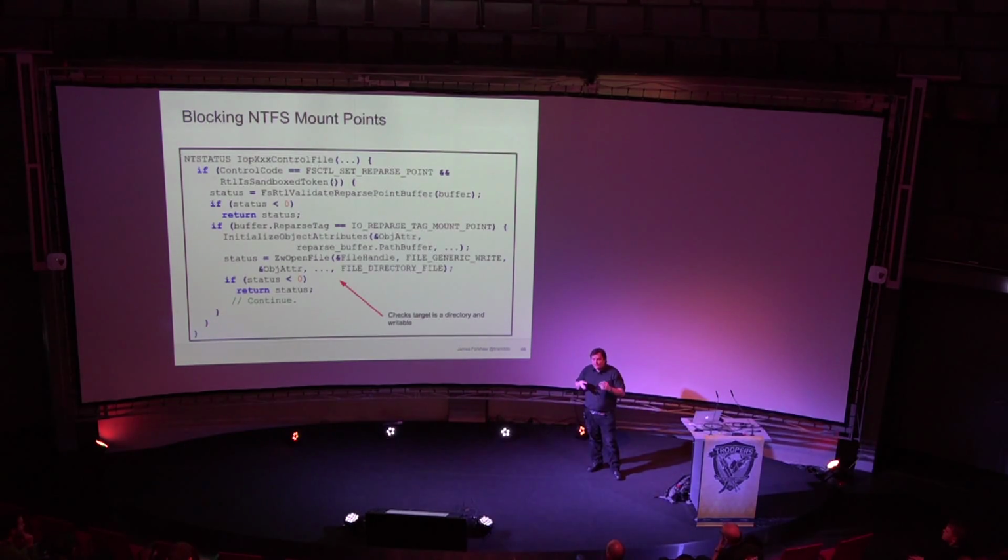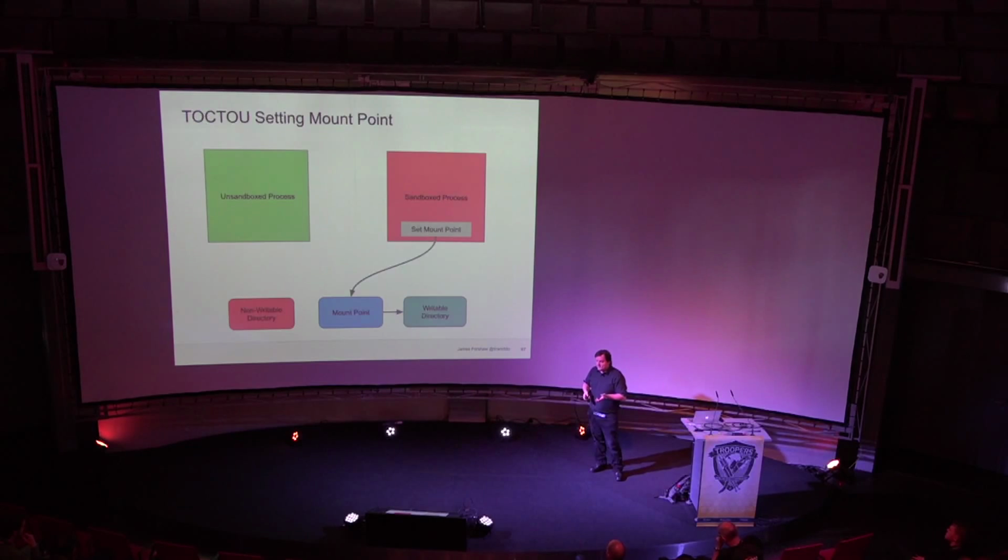So instead, they thought, okay, let's implement a check. Is the target of this mount point a writable directory from that user? But as we've seen, just because you can open that file once in the current process doesn't mean that an unsandboxed process will even open the same file. And we can see that here.